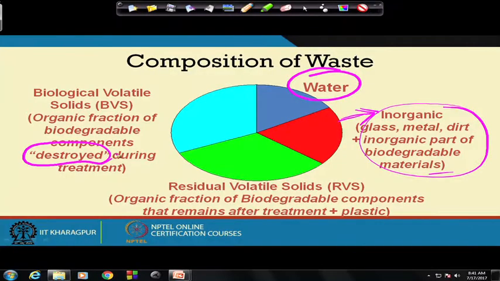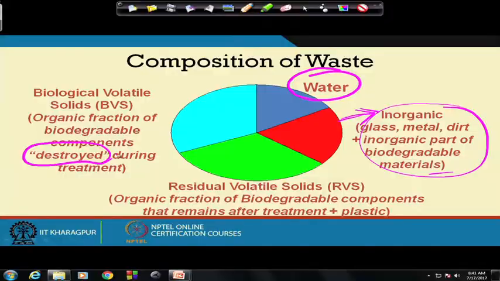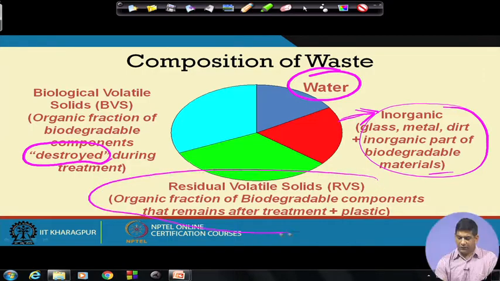So rather than using the term destroyed, we should say reacting during the treatment, or which will take part in the reaction. And then we have residual volatile solids. Residual volatile solids means it is organic fraction that remains after treatment.